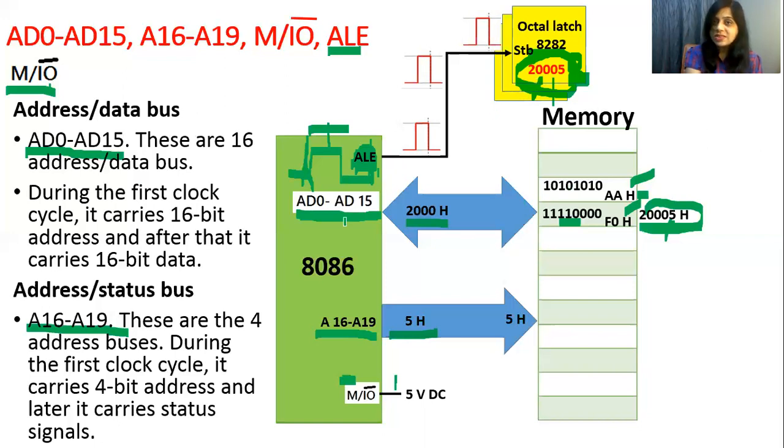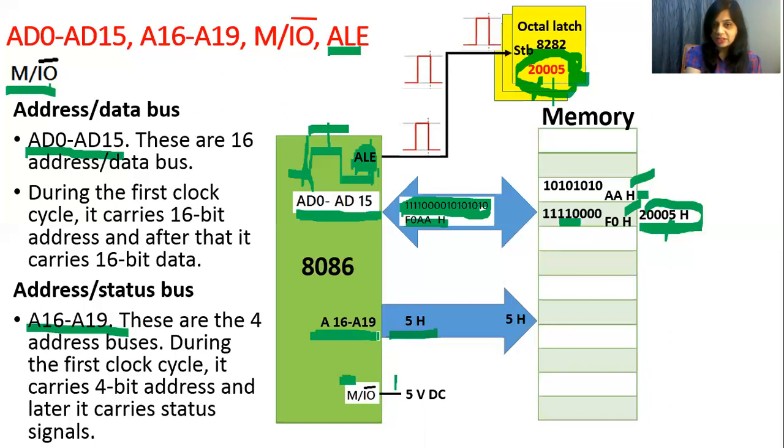After it holds this address, this bus becomes free for data flow, and this data, that is 16-bit data, can flow on the same bus. So what is A16 to A19?